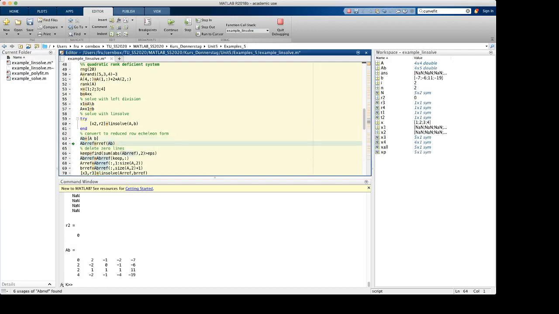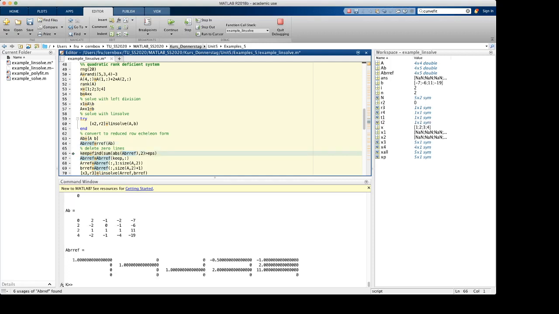So we have the matrix A in the first 4 columns of AB and the vector B, the right-hand side, in the last column of AB. And now we invoke the function rref and we obtain the following. You see that the last row is now equal to 0, and we have now 3 independent equations in the first 3 rows of the reduced row echelon form.